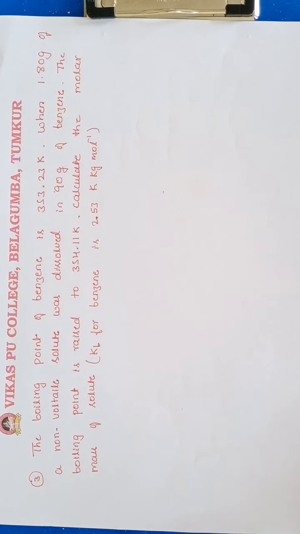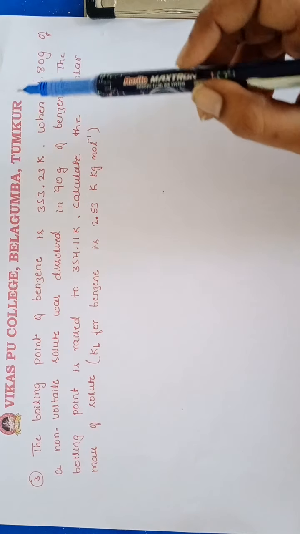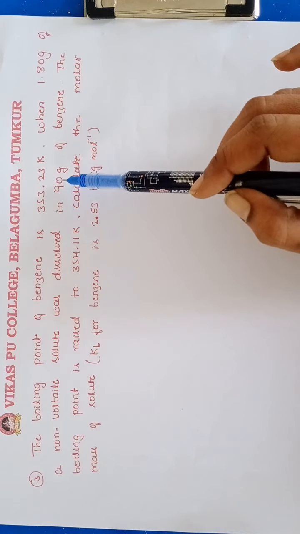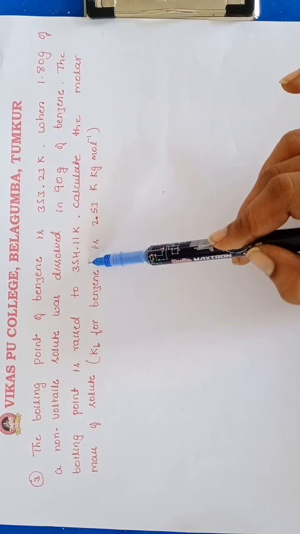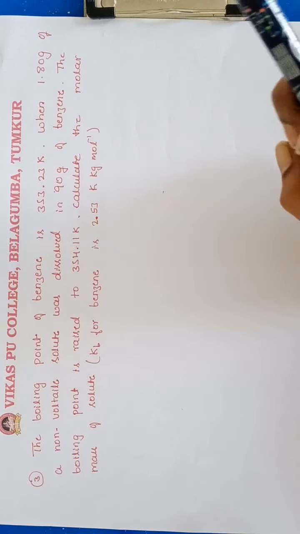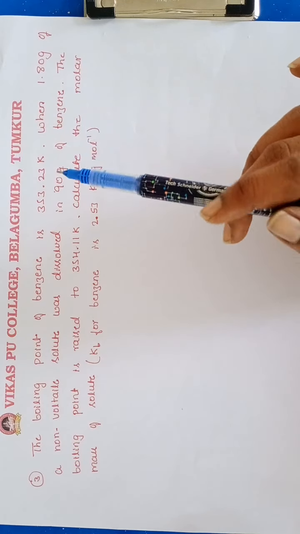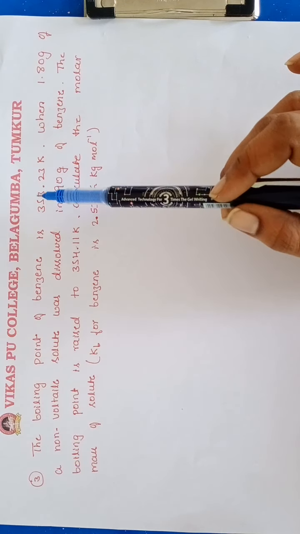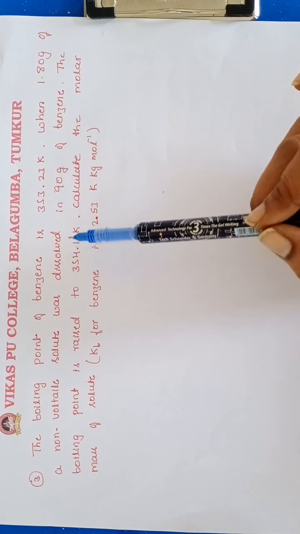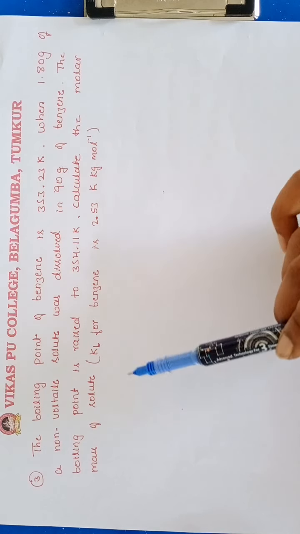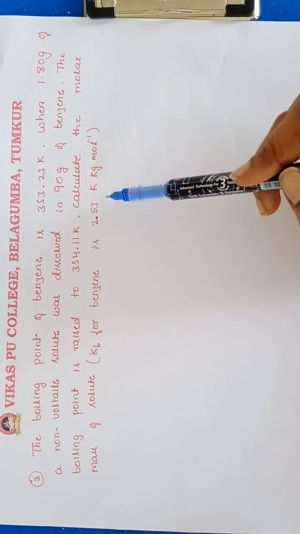The mass of the solute is given, and the mass of the solvent is given. Then the boiling point is raised. Here TB is given, and TB naught is also given. Then calculate the molar mass of the solute. The Kb value is given.